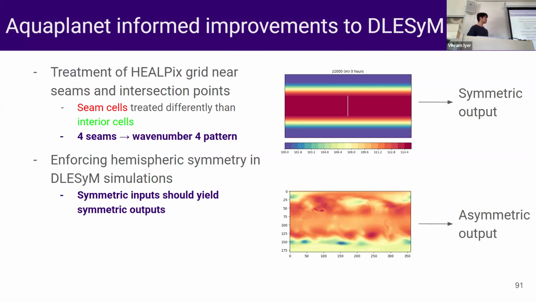And by enforcing this principle in the model, it's like a physics-based constraint. We know that the dynamics of the atmosphere, the equations, have this symmetry about the equator. And encoding that into the model actually allows it to be a better weather predictor on both the real world and our aquaplanet world. So it's sort of a best of both worlds thing.